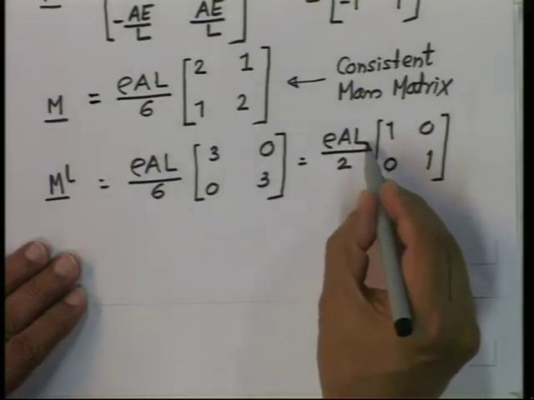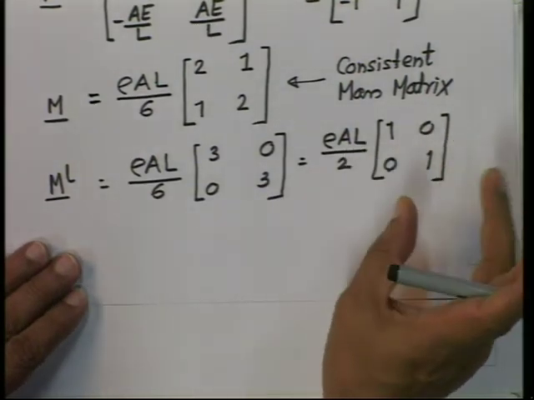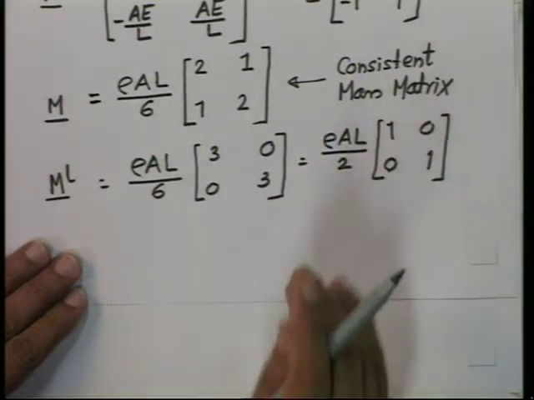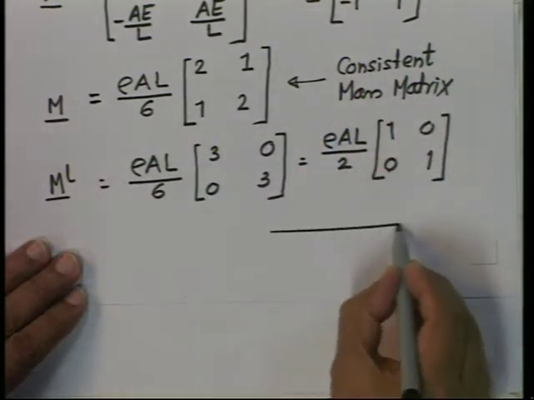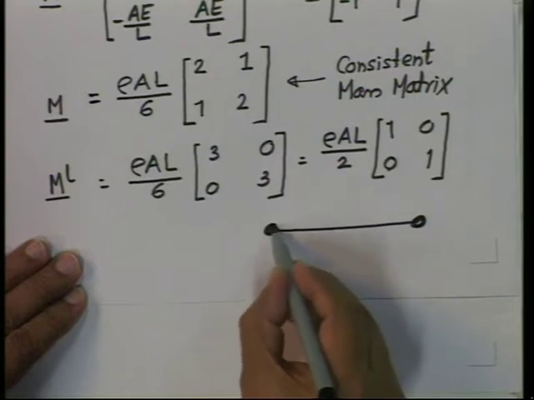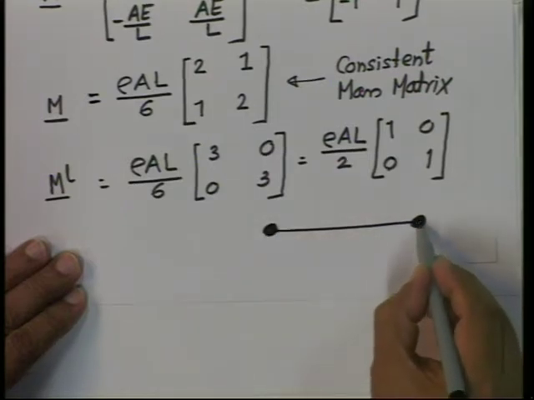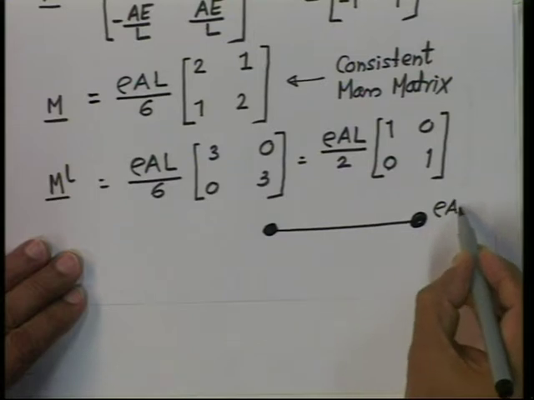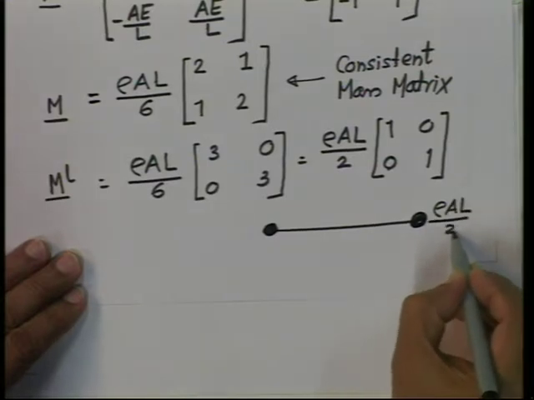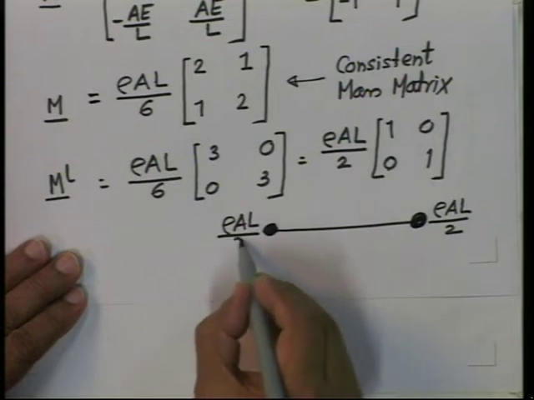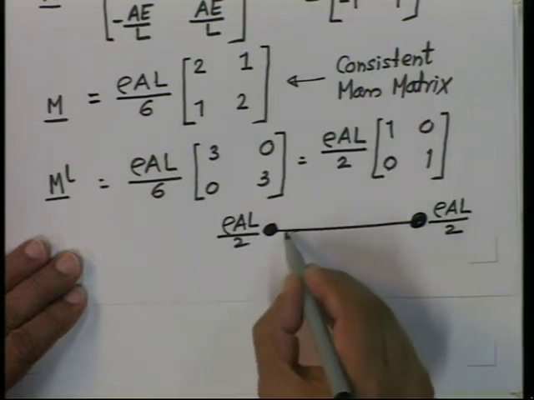So, total mass divided by 2 was lumped and put over here, rho A L by 2, rho A L by 2, and this was made 0.